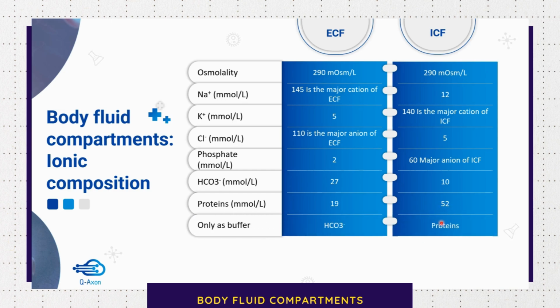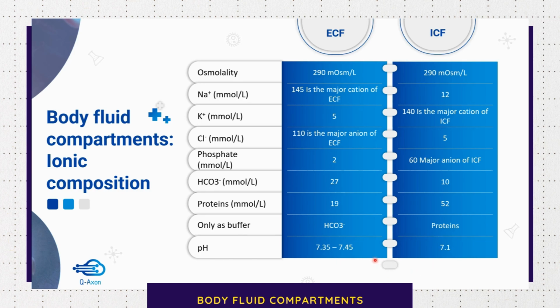Depending on these concentrations, bicarbonate is more in ECF and proteins are more in ICF. Bicarbonate acts as a very good buffer in ECF, while proteins act as a very good buffer in ICF. But this is quite an understatement, because the proteins present in ECF, especially hemoglobin, also act as buffers. Plus there are other buffers in ICF.